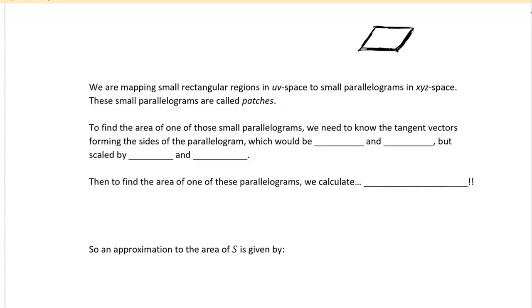Back up here at my sketch of my parallelogram, to find the area of one of these small parallelograms, we need to know the tangent vectors forming the sides of the parallelogram, which would be R sub U star and R sub V star, but those are going to be scaled by our change of U and our change of V. So what we really have over here is delta U, R sub U star, and then we have delta V and R sub V star.